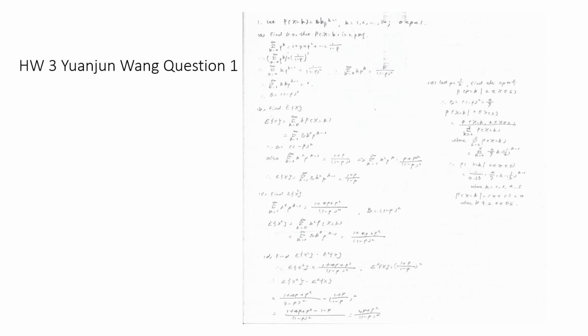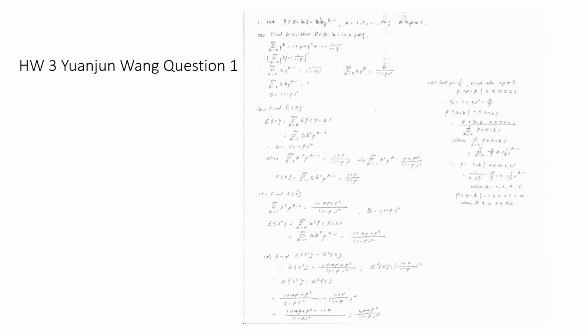B, find the EX. The EX is equal to the summation k goes from 0 to infinity of k times the probability of X equals k, which equals b times k squared times p to the k minus 1. Because we already know b is equal to 1 minus p to the square.